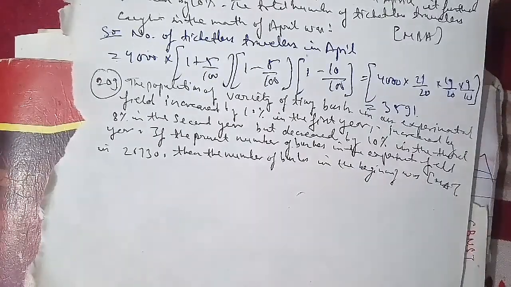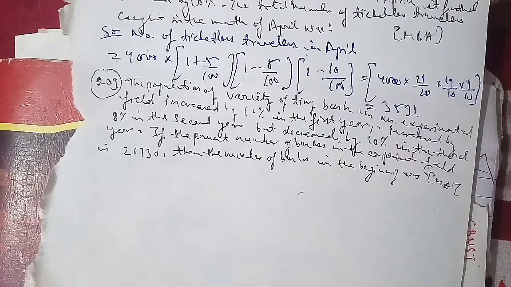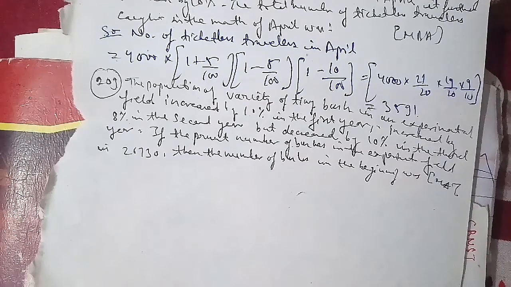This has been asked in a math examination paper. So the options, as I told you, 25,000, 27,000, 28,000 and 24,600. So we go ahead for the same, which is of course an important one.